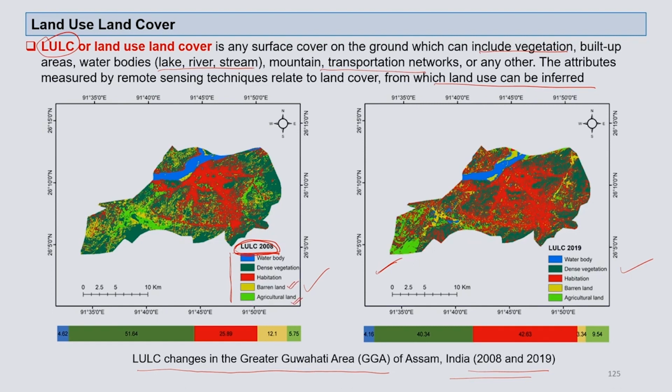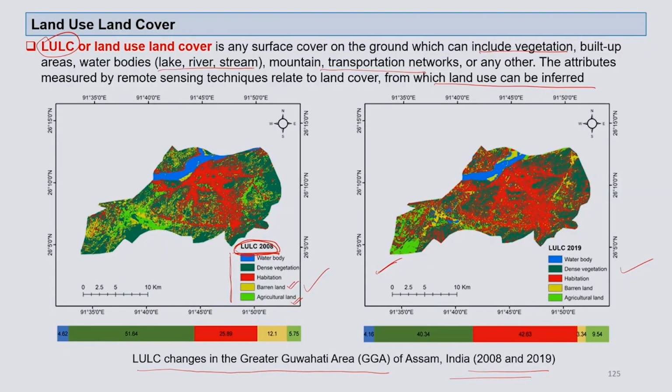Now, try to focus on the agricultural land, because agricultural land needs natural resources like fertile soil, water, etc. Look also a little bit at the red part on this map and compare it with 2019, very recent.